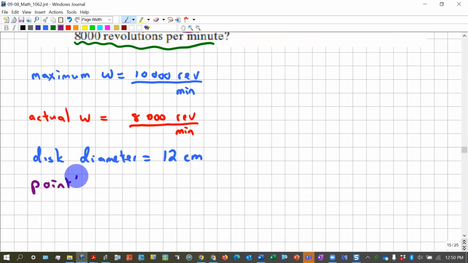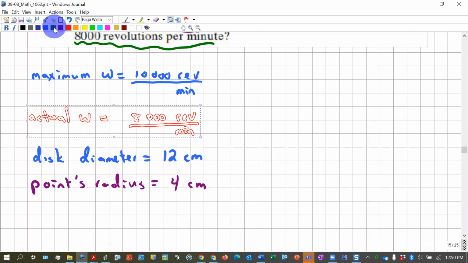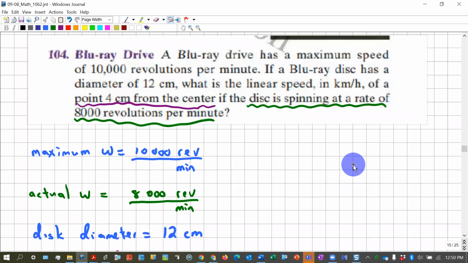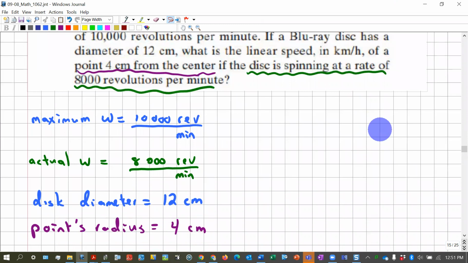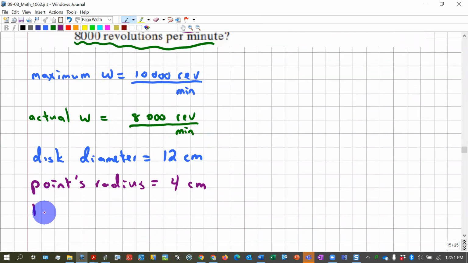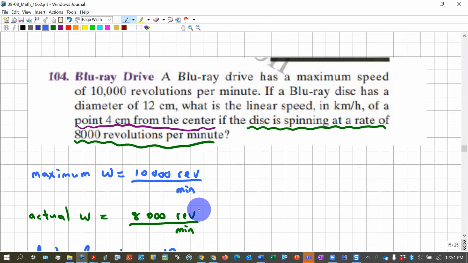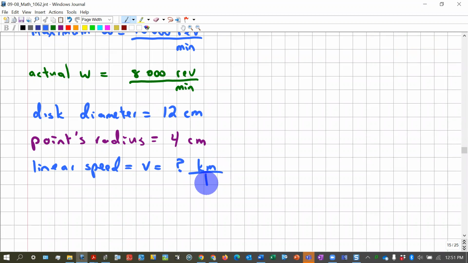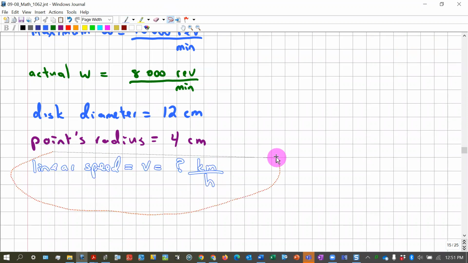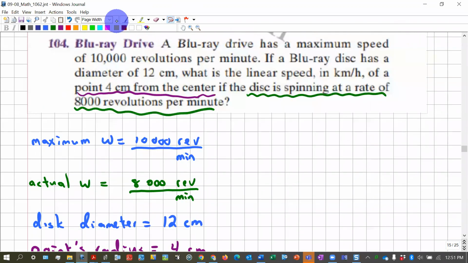So the point's radius is 4 centimeters. And then the question is, what's the linear speed in kilometers per hour? So that's what we're trying to answer.